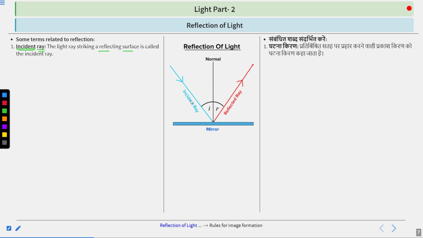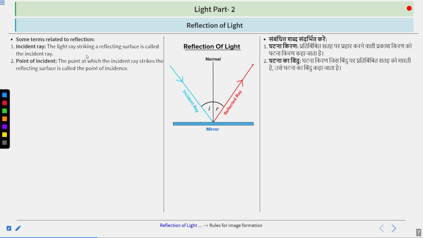Here one incident ray is coming like this, and it is striking the mirror or the reflecting surface. So that ray which is coming and striking the reflecting surface is known as the incident ray. So the incident ray is clear.